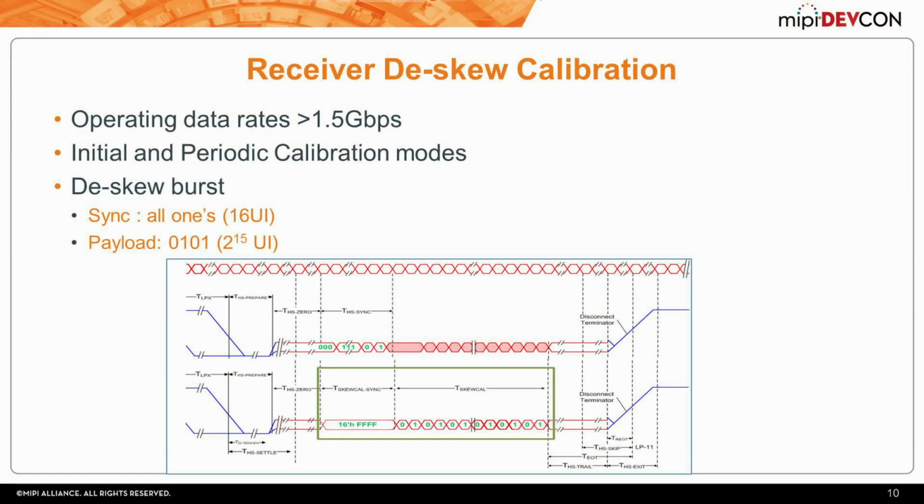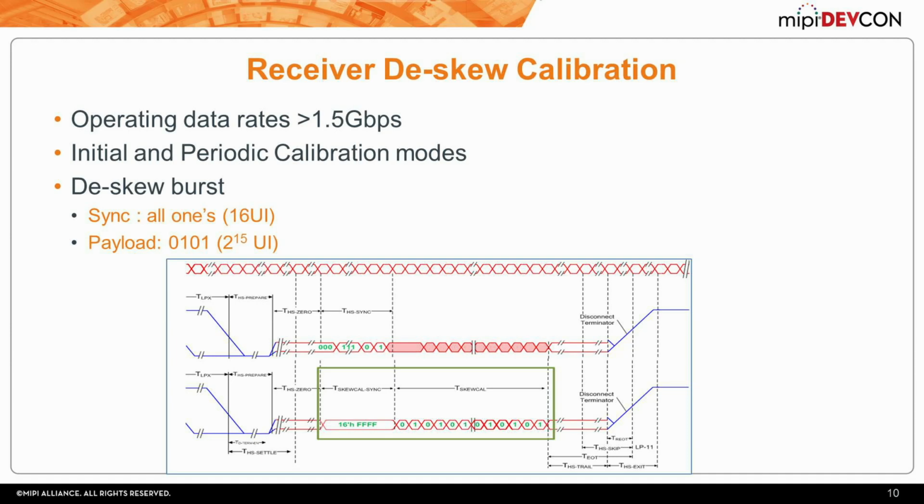If you are conversant with the different versions of D-PHY, from version 1.1 to version 1.2, the major change was the receiver de-skew calibration feature.